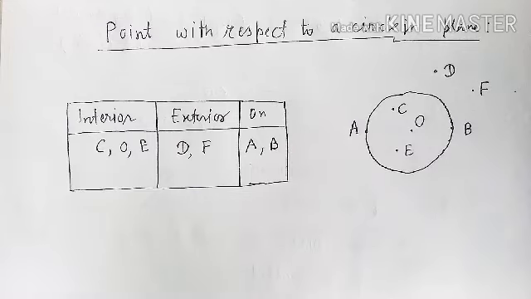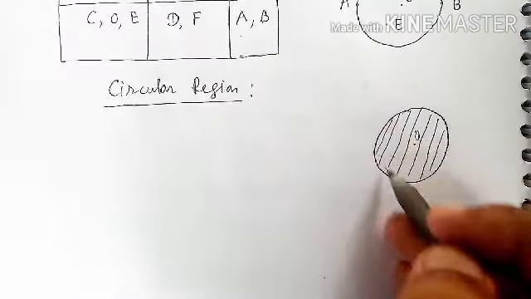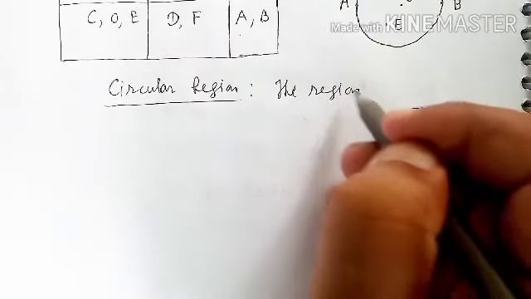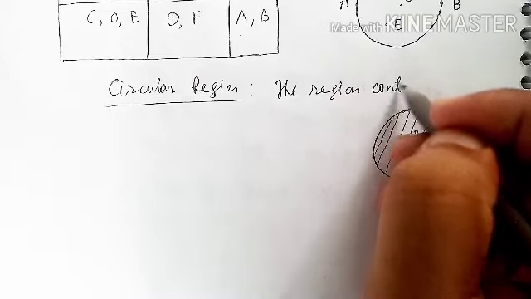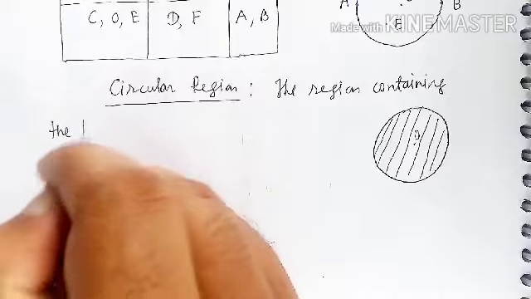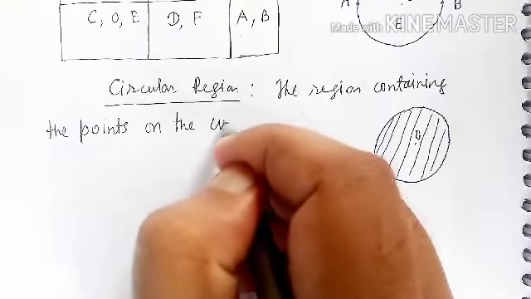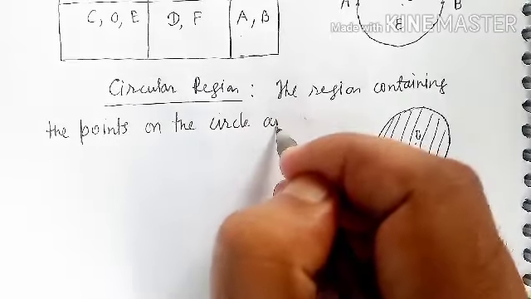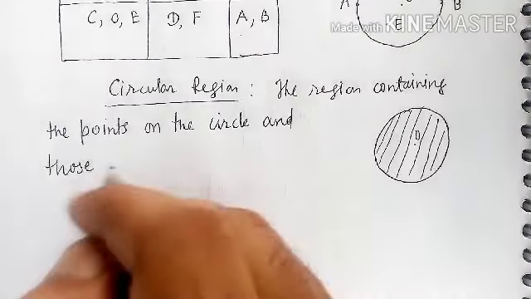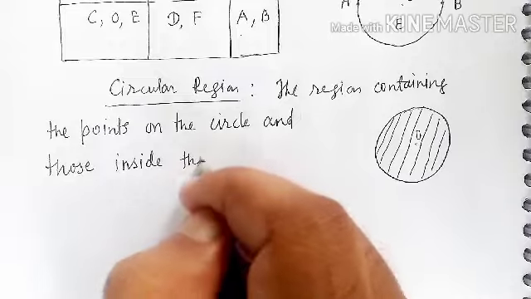Let us define circular region. Circular region: the region containing the points on the circle and those inside the circle.